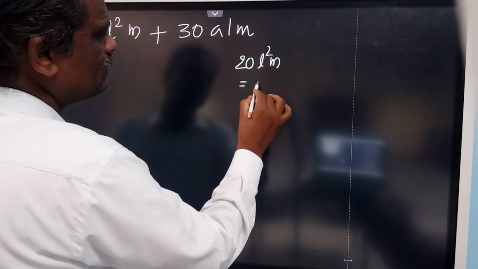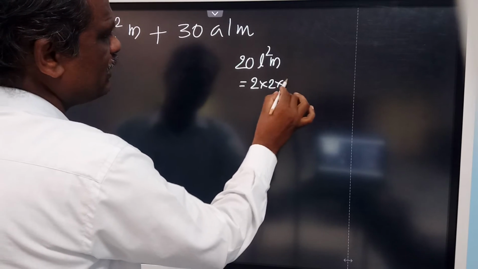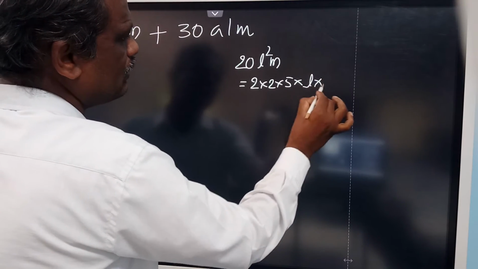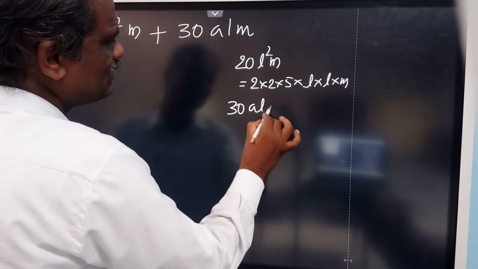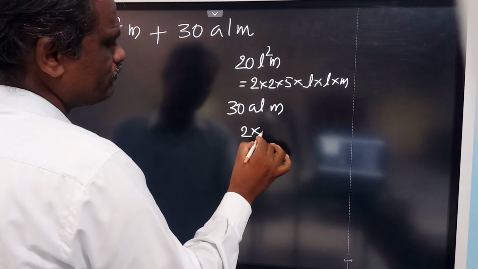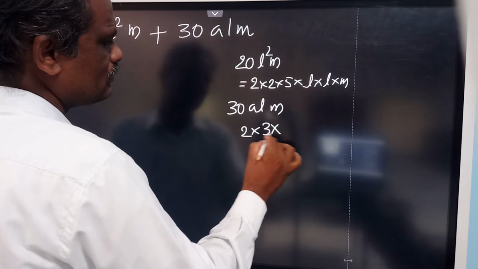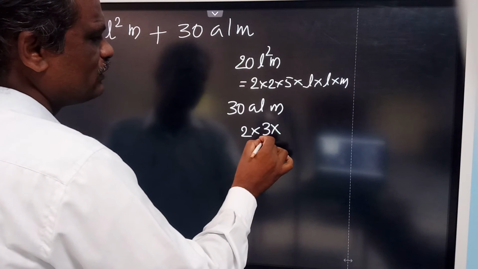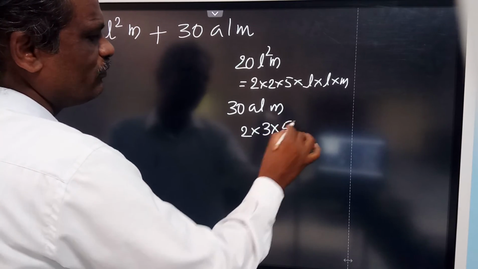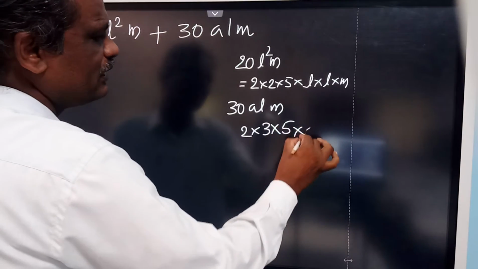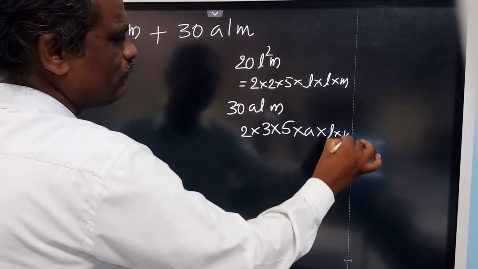Now split 20 L square m. You can write it as 2 into 2 into 5 into L into L into m. And 30 ALM can be written as 2 into 3 into 5 into A into L into m.